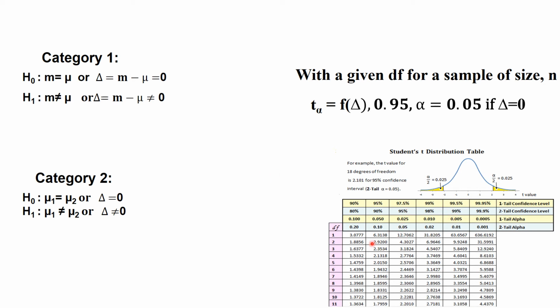So what it means is that we can get this critical value, which will be the distribution, the presumed population distribution based on the standards of these statisticians.